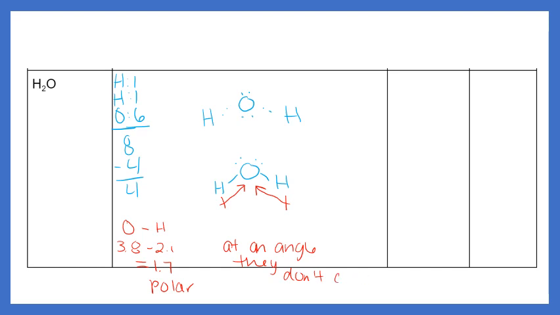Oh gosh, I don't know what I'm spelling. There we go, cancel, sorry guys. Okay, so this is going to be polar, and these electrons are going to pull and be negative upwards. And this shape is called bent.